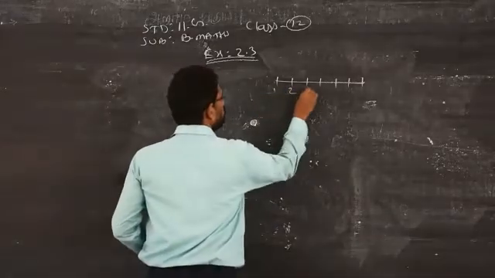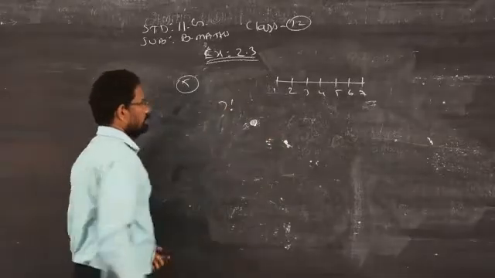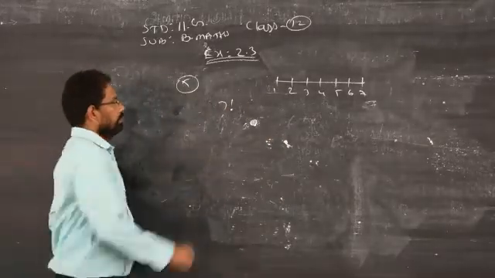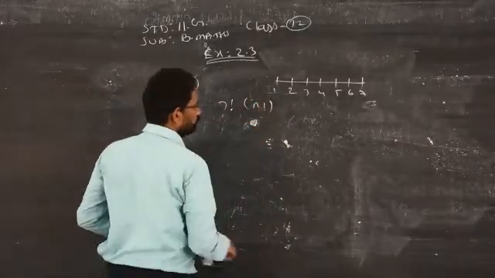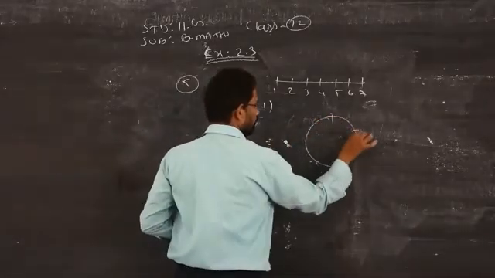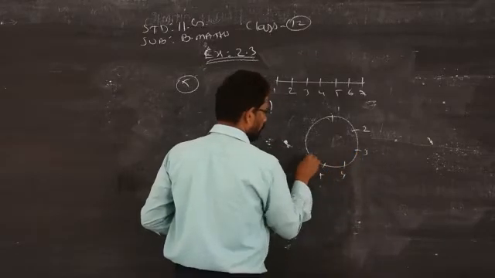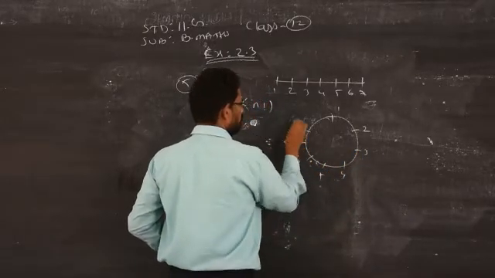If it is 1, 2, 3, 4, 5, 6, 7, the arrangement in a straight line is 7 factorial. That is n factorial.